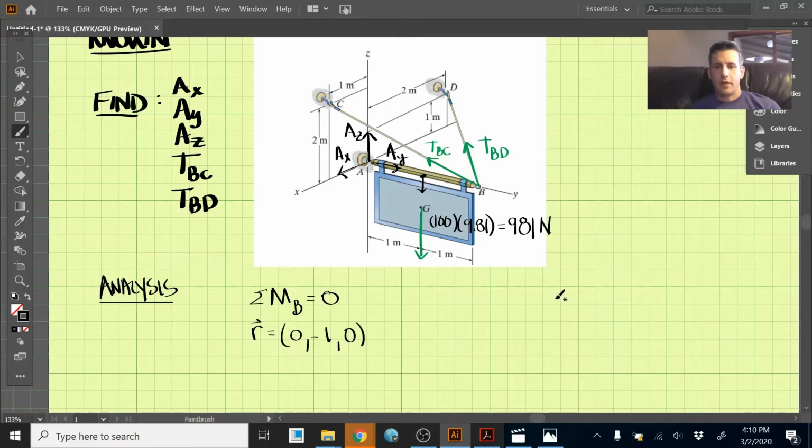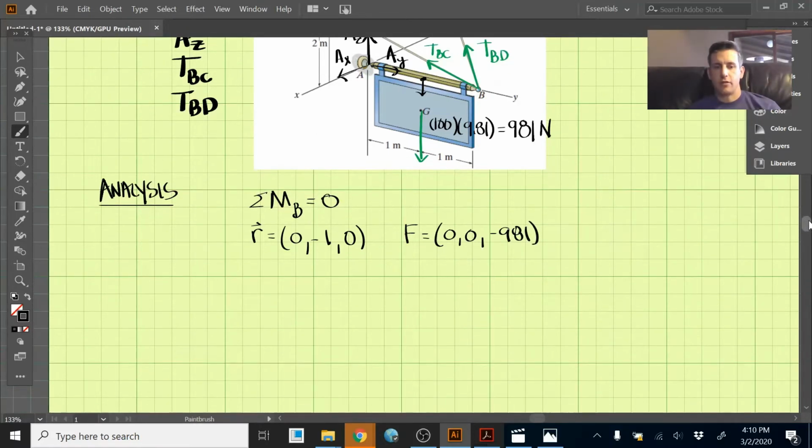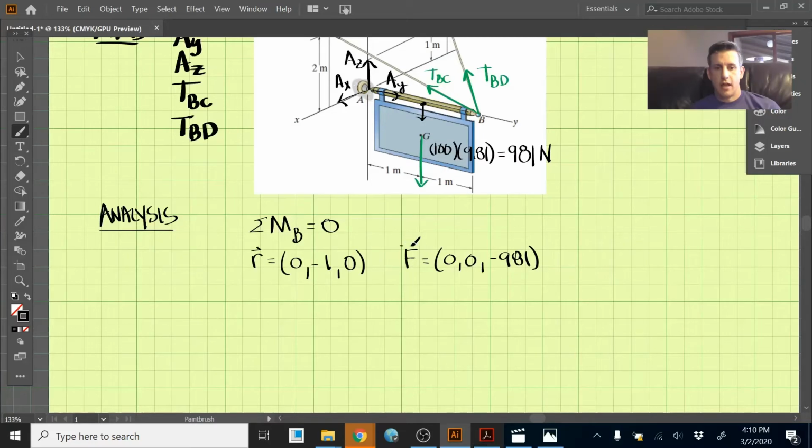The force of the sign here at G, we know is equal to 981 downwards, which we write as components, 0, 0, -981.